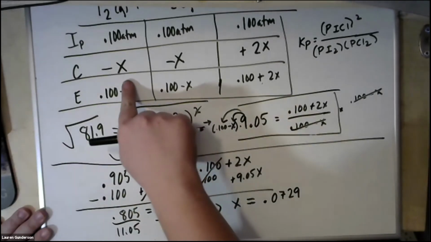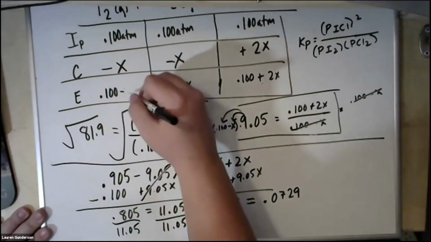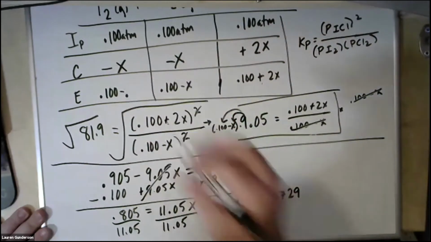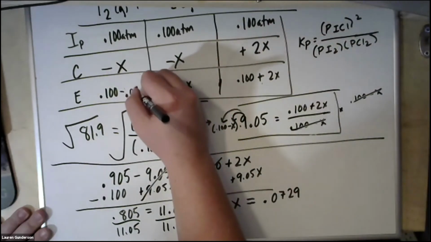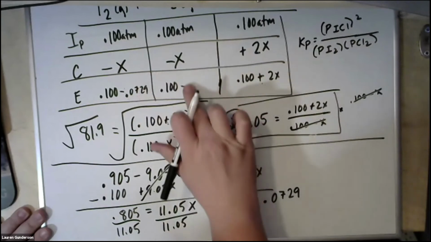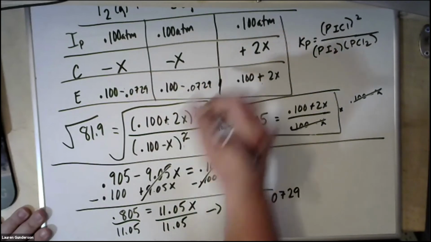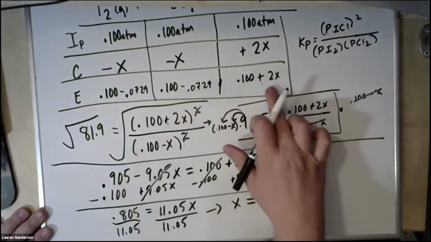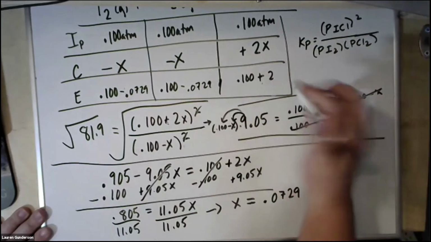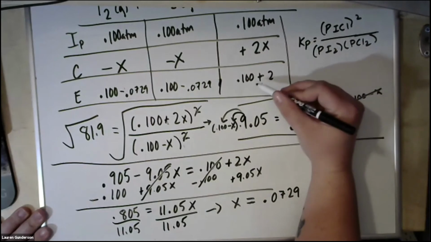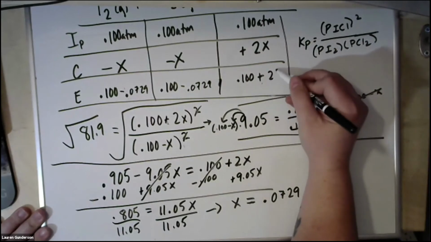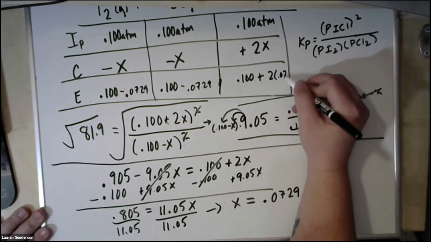So my equilibrium value is going to be 0.100 minus 0.0729 for my iodine and my chlorine. And again, it's minus because I'm using it up so I can create the ICl. And the amount of ICl is going to be 0.1 plus 2 times 0.0729.